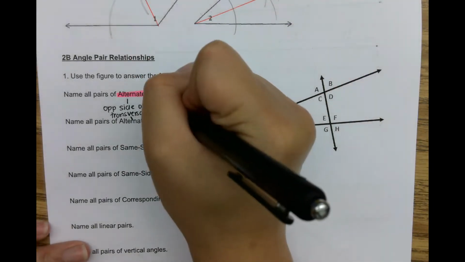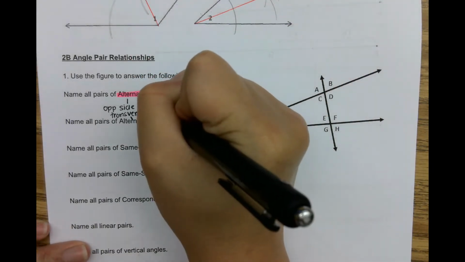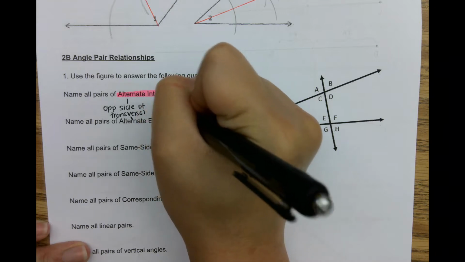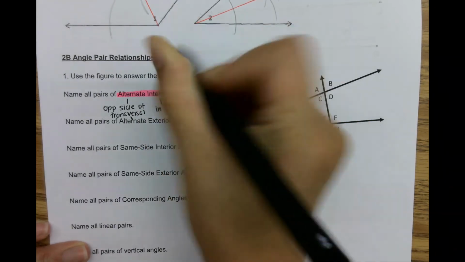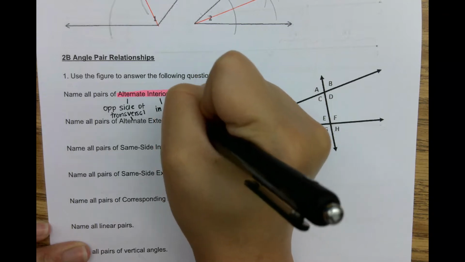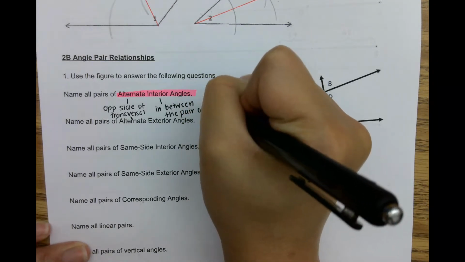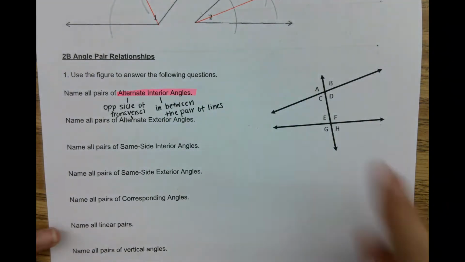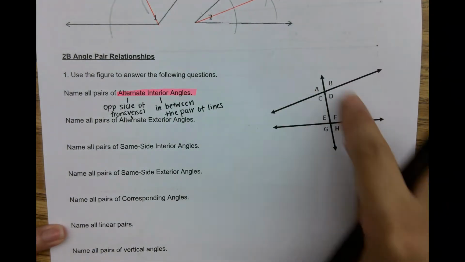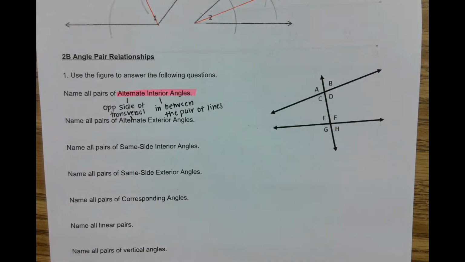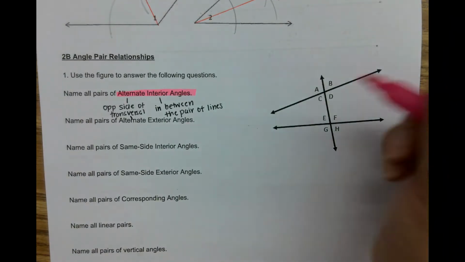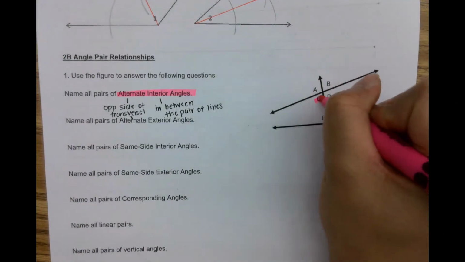Interior means in between the pair of lines. So it's important to know where your transversal is and where your pair of lines is. In this picture, this is my pair of lines. This is my transversal. So here, alternate interior, an example would be C and F.